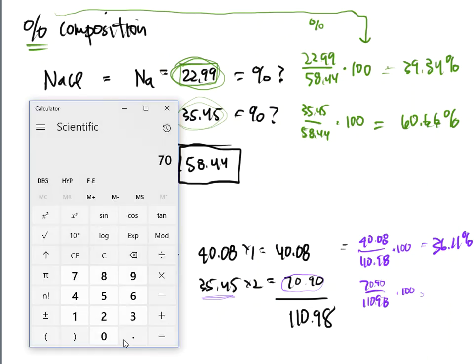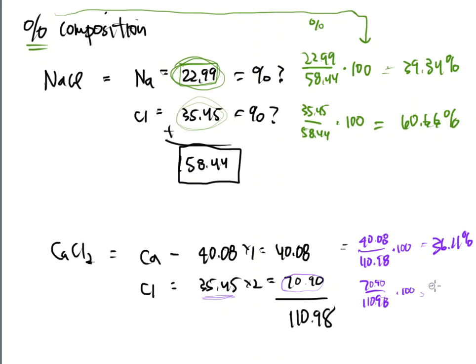I'll do 70.90 divided by 110.98, and then I multiply by a 100, and that gives me 63.89. So 63.89% of the weight is coming from chlorine.